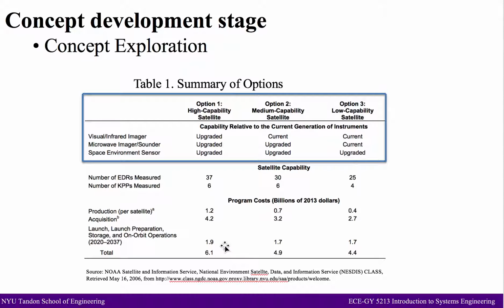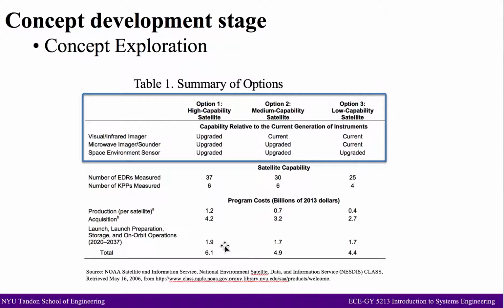Each of the 2 satellites that this system needs would cost about 1.2 billion to manufacture, and the total program acquisition cost, including supporting data handling, processing, infrastructure systems, engineering, and program management cost, would be about 4.2 billion.